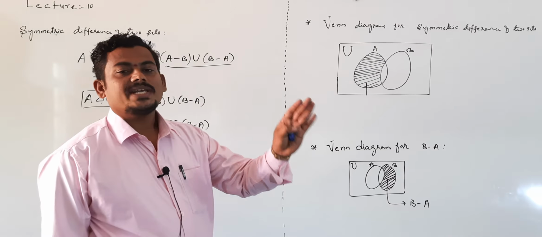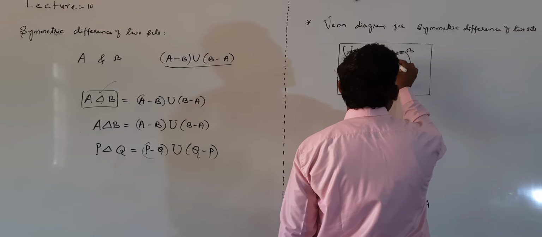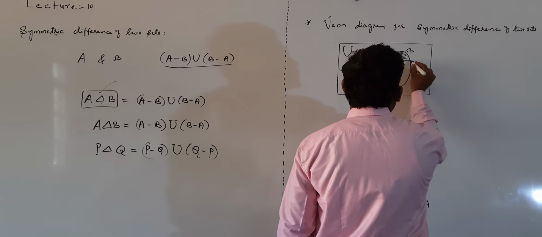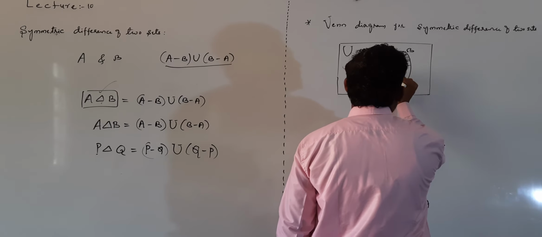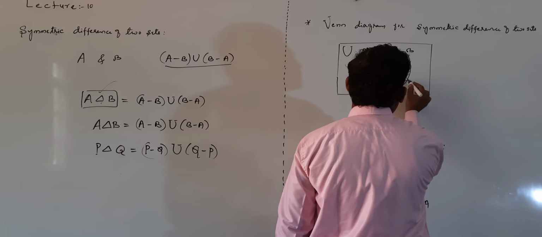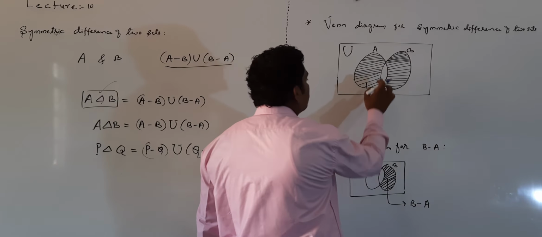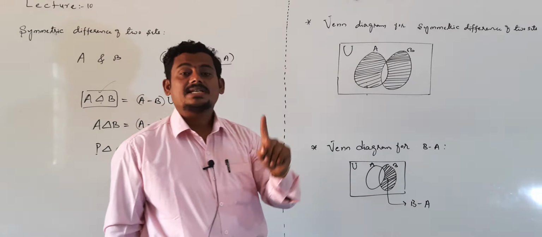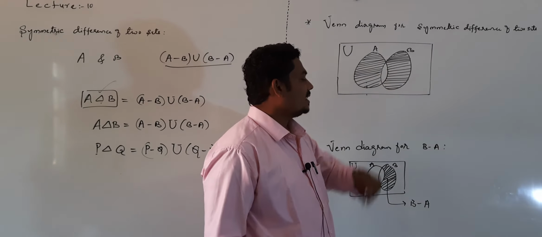A minus B union B minus A. This shaded region represents the symmetric difference of two sets. In this diagram, the shaded region represents the symmetric difference of A and B. A but not B, B but not A.